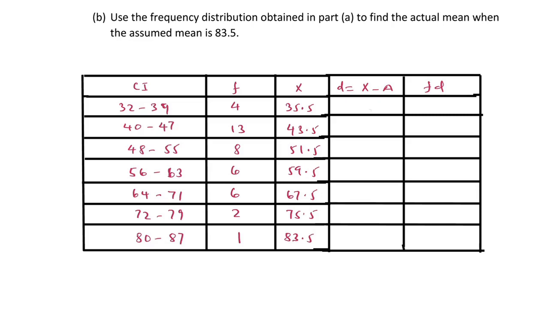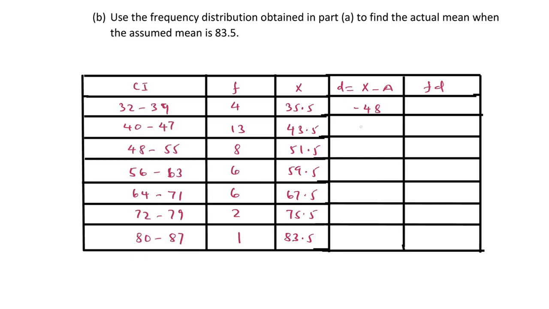Okay, so next we are going to fill in the values for the deviation. The deviation is obtained by taking the class mark minus the assumed mean. From our question, the assumed mean given is 83.5. So for the first one, we take 35.5 minus 83.5, of which after solving, the value is negative 48.